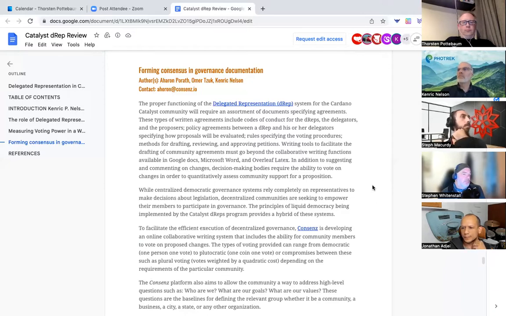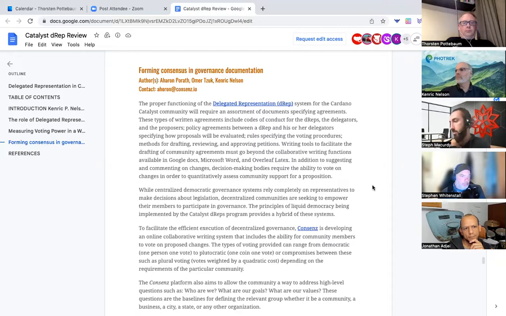By that we create the framework and the baseline for the work of the dRep, so we can prevent misuse of this system and achieve together the goals of representation of the Catalyst community.